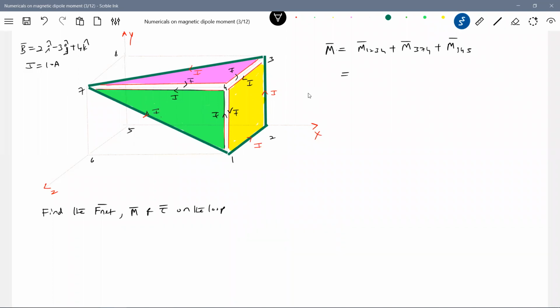M1234. There's a loop of side length 10 centimeters. This will be M145. Now, what is M1234? This should be equal to current I into 10 centimeter by 100 centimeter, which will be 1 meter.